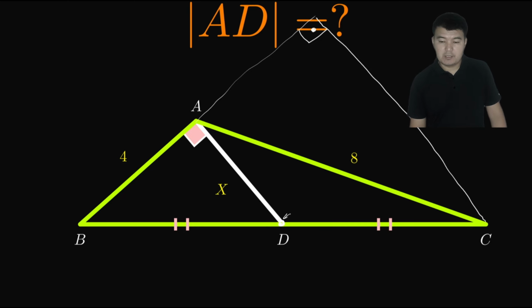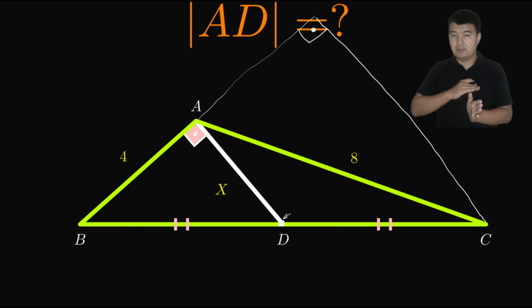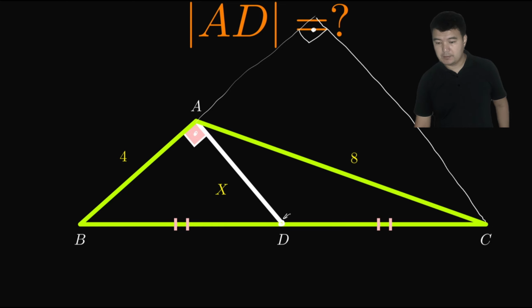And as you can see, 90 degrees here and this 90 degrees. So two 90 degrees and one passing line. That makes AD parallel to this new segment. So since these are parallel and we have a midpoint here, AD is going to be a midline. So AD is a midline.